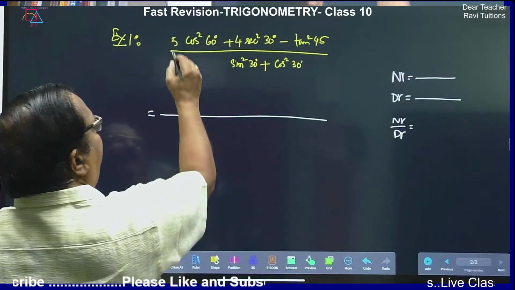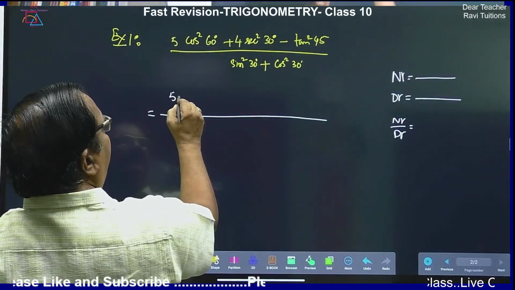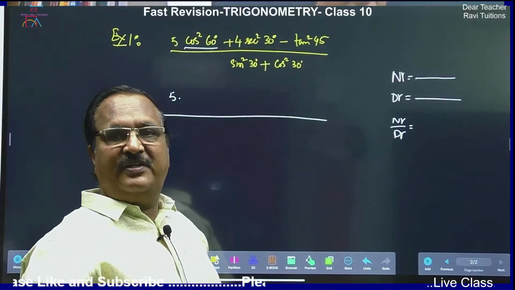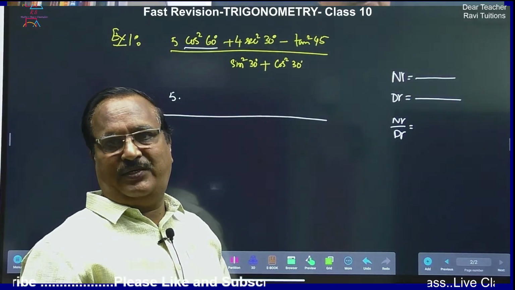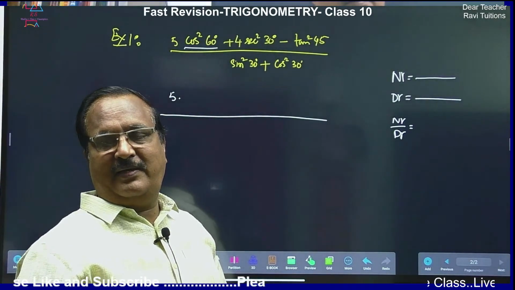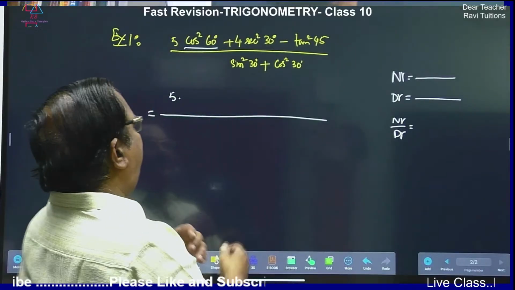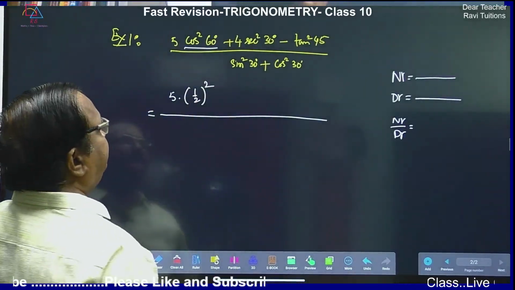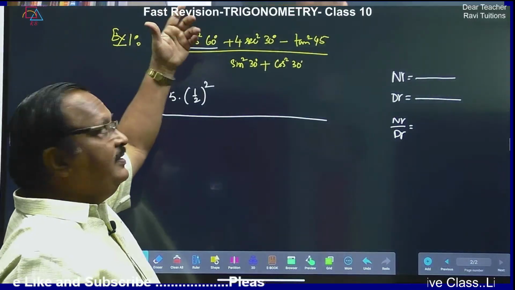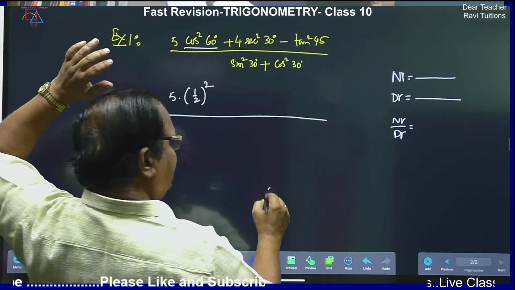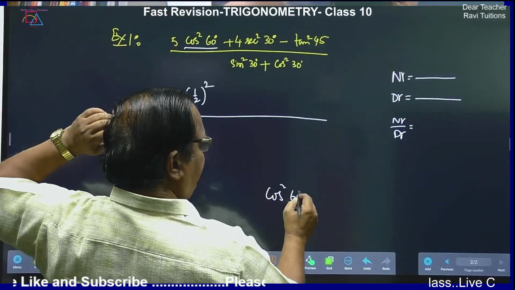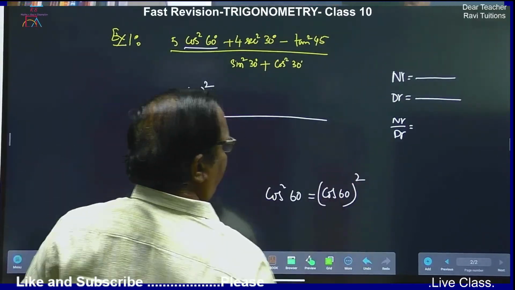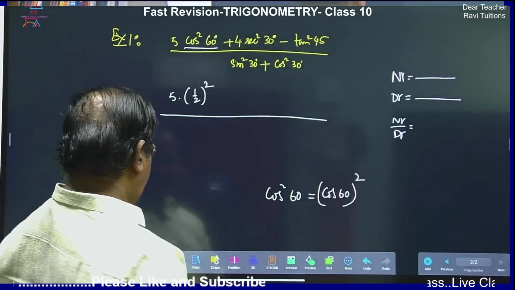So, now 5 is 5 only. Cos 60 is 1 by 2. So, this is 1 by 2 whole square, because it is cos square. Cos square 60 means cos 60 whole square. Please remember.